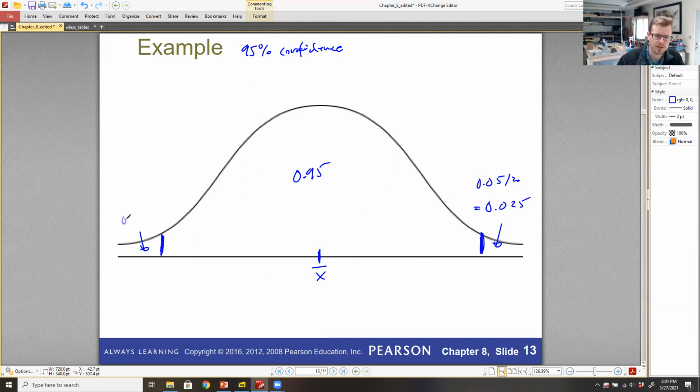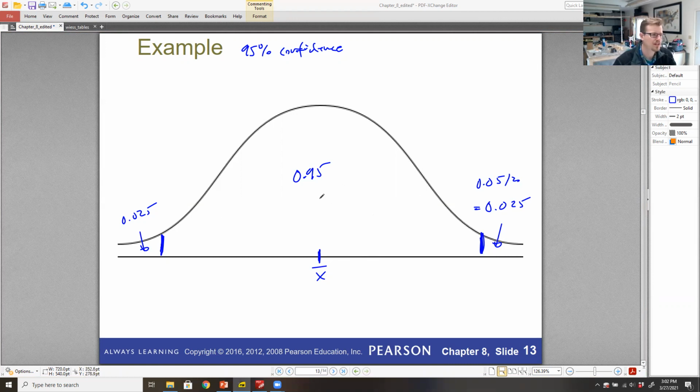I don't know what this value is here, but it's going to be about 2 standard deviations away. We'll figure that out in just a minute. To find those values, it's probably easiest to use the standardized normal distribution and then bring those z values up to here.